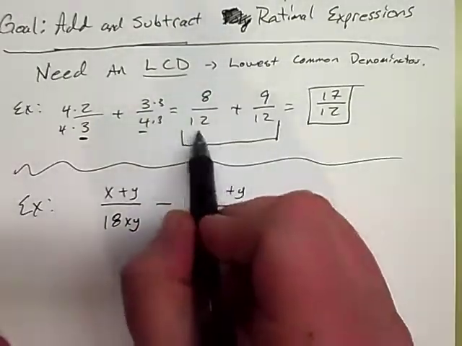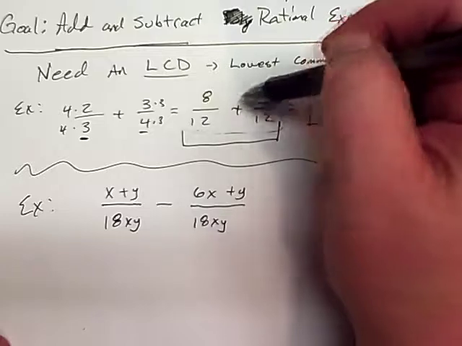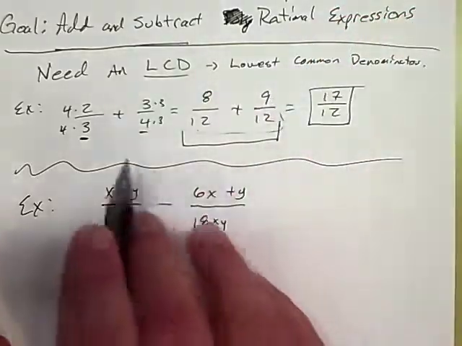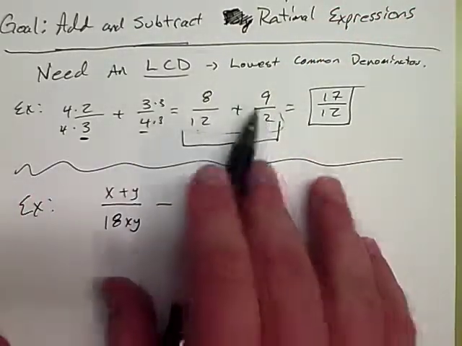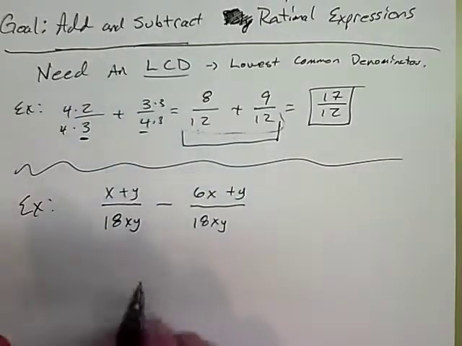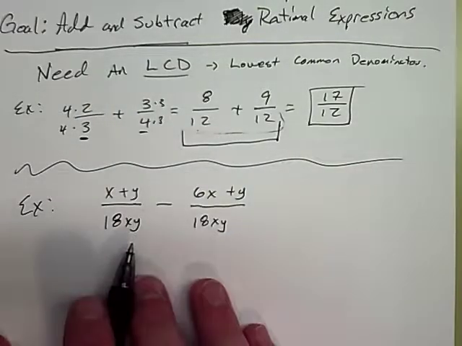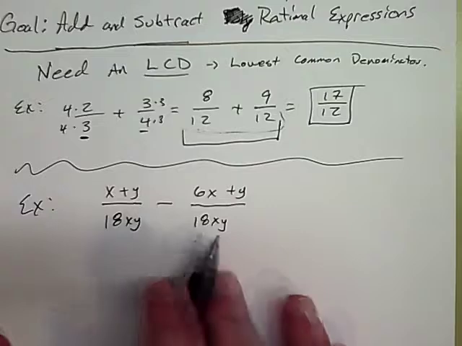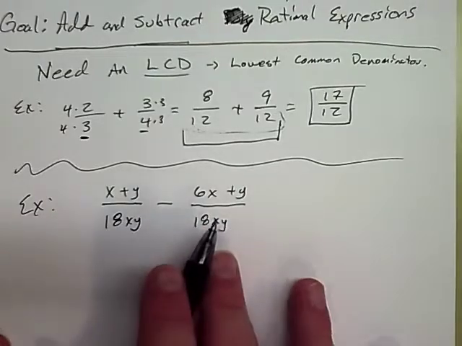I had my common denominator. Although I left it as two fractions, my second step was to get a common denominator. Well, here I have a common denominator. My denominator is 18xy, 18xy, so I can go ahead and subtract these two.